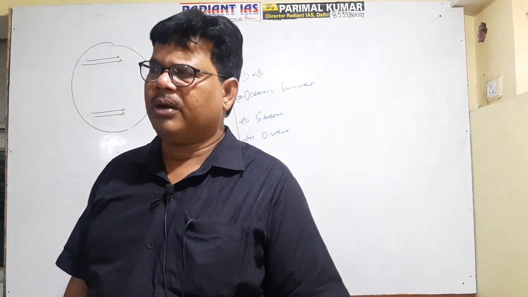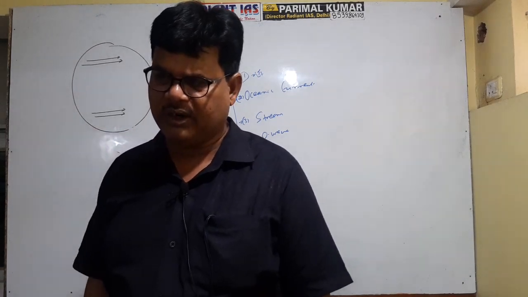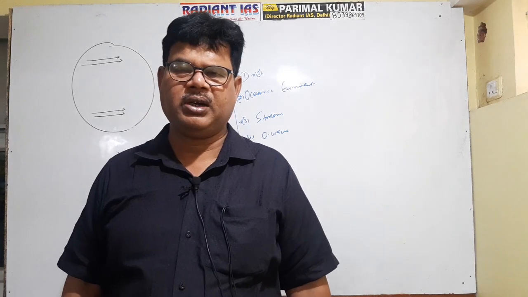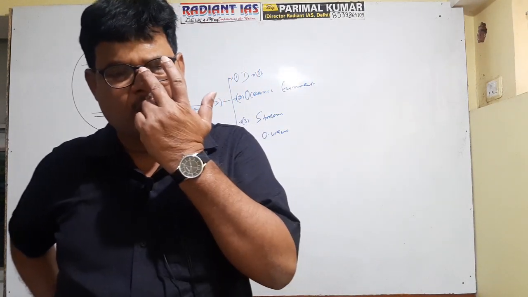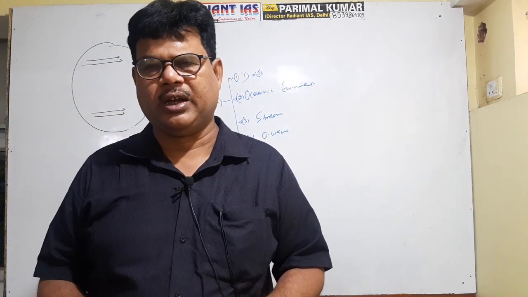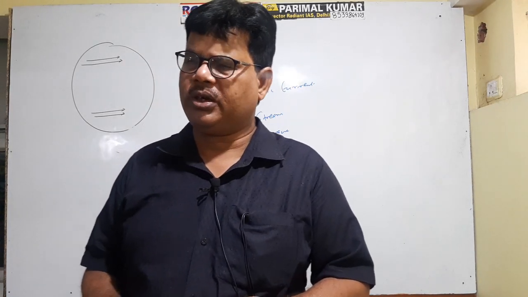The west wind drift located in the northern part of the Atlantic Ocean is referred to as North Atlantic drift. In the southern part of the Atlantic Ocean, it is South Atlantic drift. In the northern part of the Pacific Ocean, it is North Pacific drift, and in the southern part, South Pacific drift.